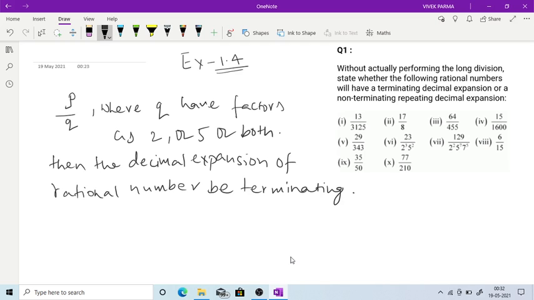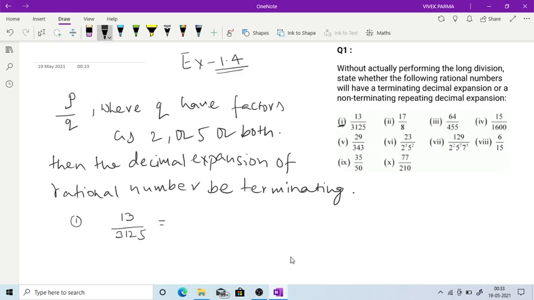So first we will see each question one by one, taking a rational number p upon q, where q has factors of 2 or 5 or both, right? So if you discuss question number 1, here we have 13 upon 3125, right?